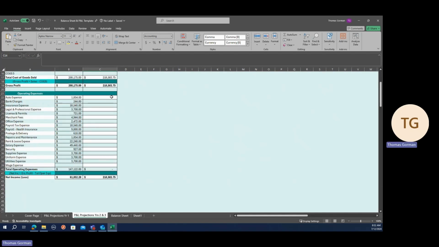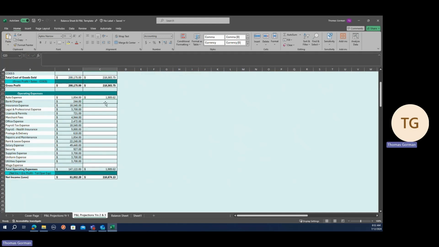And now we will do the same thing for our expenses. Times, we set our inflation to 3%. We'll stay constant with that for year 3. So times 1.03.